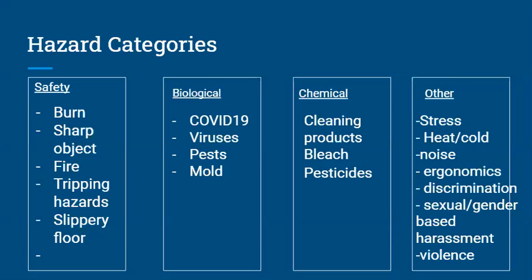And lastly, there are a lot of other workplace factors. Stress is very common. That could be because of poor management, or an unreasonable workload or work pace, discrimination, harassment, which you also see here, even violence.